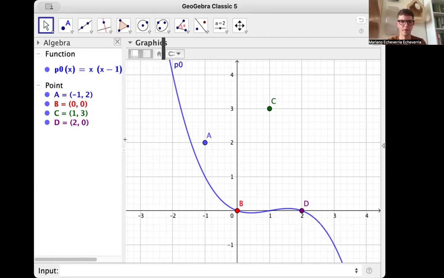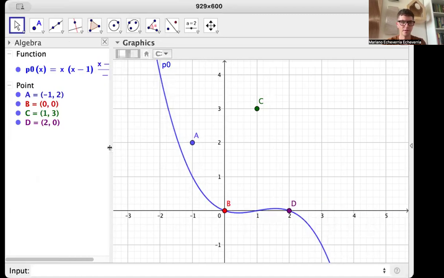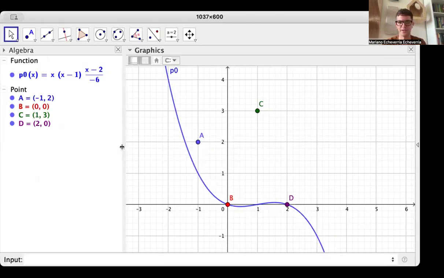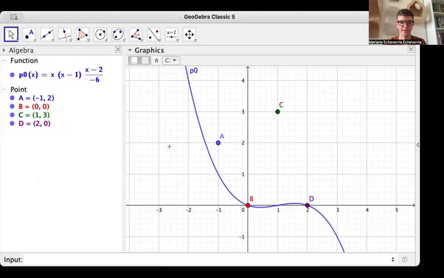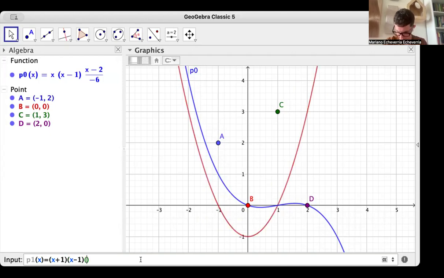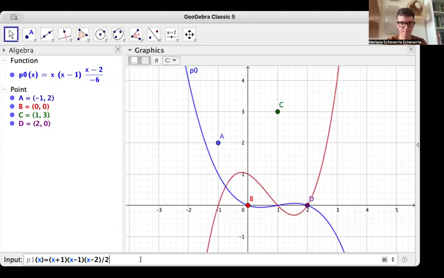Let me open up the screen so that you can see the entire formula for the polynomial. Okay, now it's better. So that's P0. Then P1 is going to be activated at the x value for B, and turned off at all the other values. According to the formula that we found, it would be x plus 1 times x minus 1 times x minus 2 divided by 2.